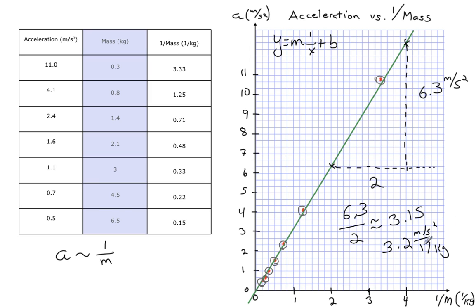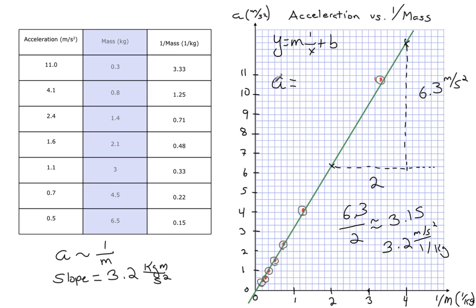That's a pretty weird unit. Since we're dividing by 1 over kilograms, that's the same thing as multiplying by kilograms. So I can say that the slope of this graph is equal to 3.2 kilograms meters over seconds squared. And then I can make my math model. The y-axis represents acceleration.